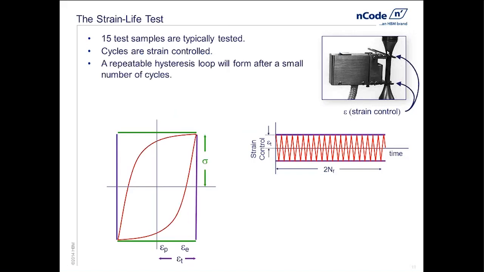And if we look at a cycle, we'll see that we can go in and track the load and the strain, and using that we can actually predict these hysteresis loops. The load and specimen geometry give me the stress, and so I can start to track these hysteresis loops.